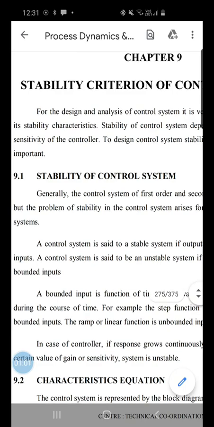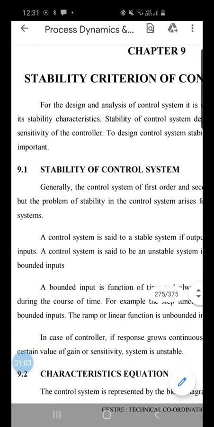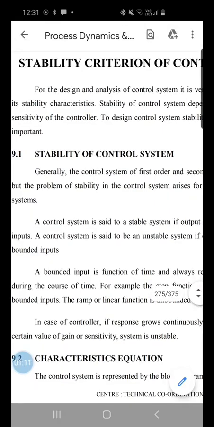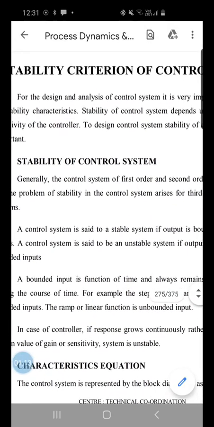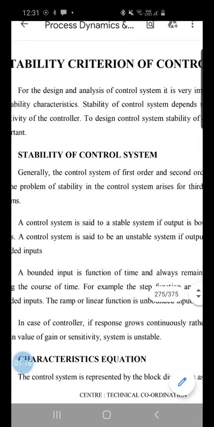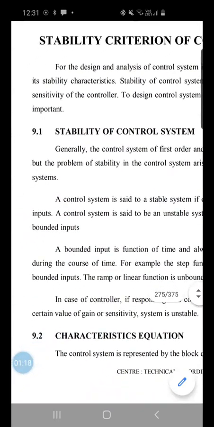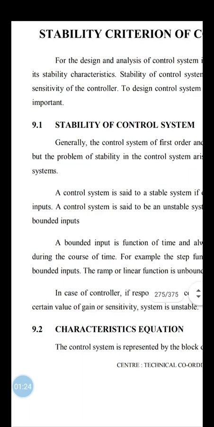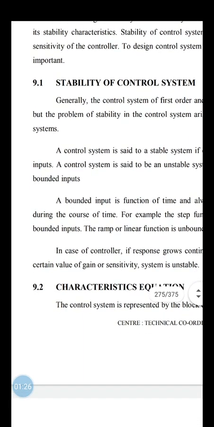Stability of the control system depends upon the value of steady state gain or sensitivity of the controller, and therefore to design a control system the stability is very important. You are supposed to know about the stability characteristics. So first of all we'll discuss what is meant by stable and unstable system, and then we'll discuss the characteristic equation.